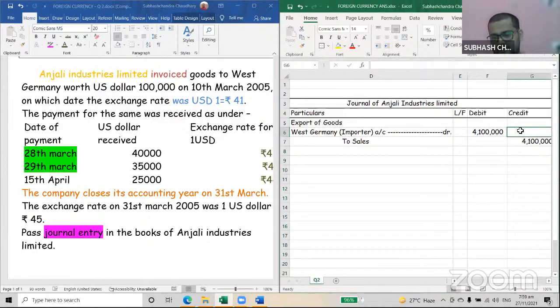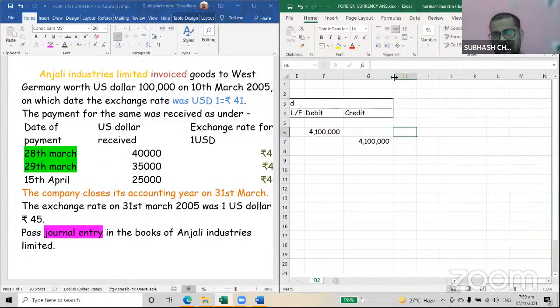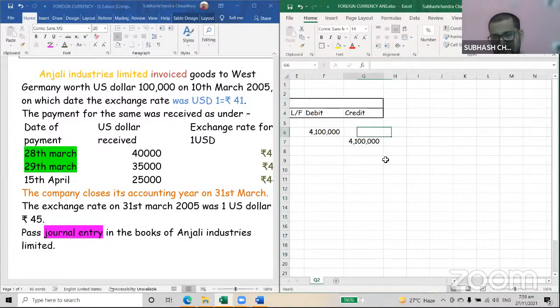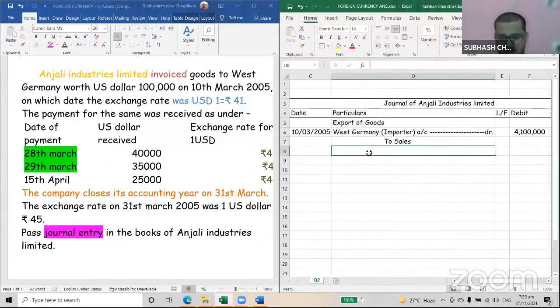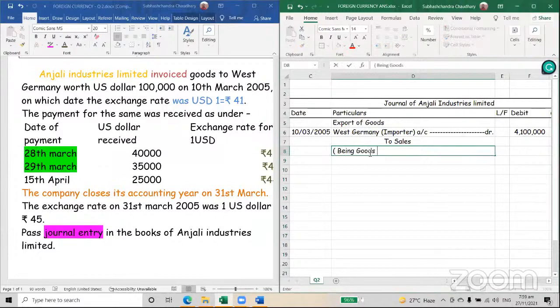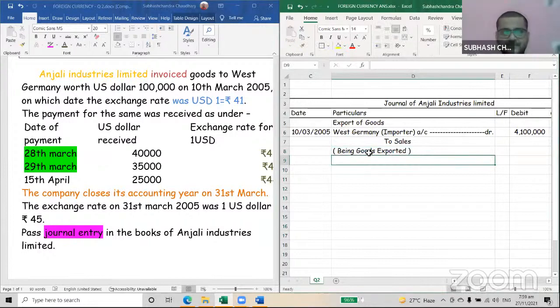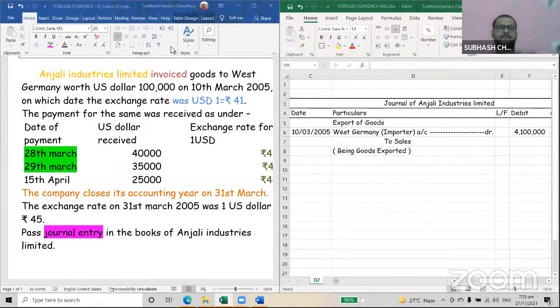Transaction number 1. Understood? Yes, people. Let me check. Audible to all? If audible, just confirm.